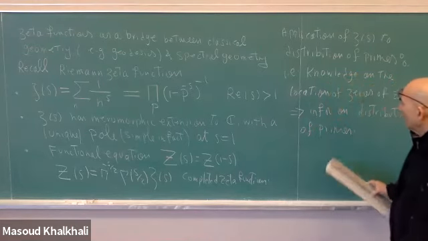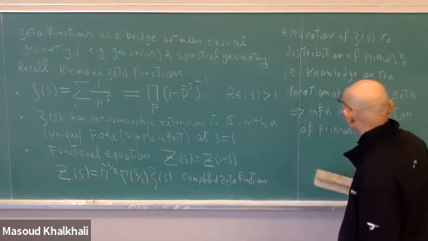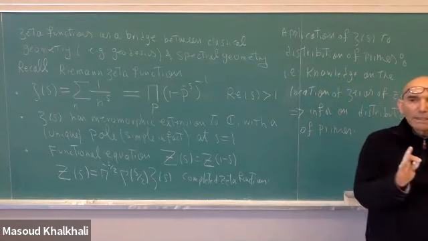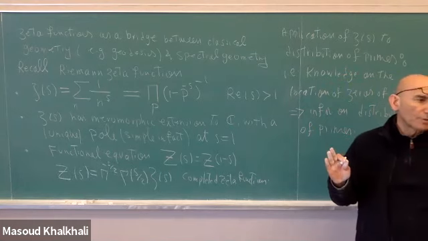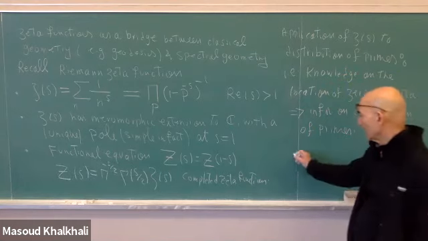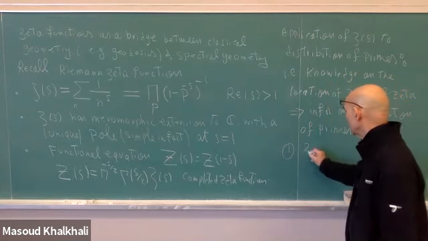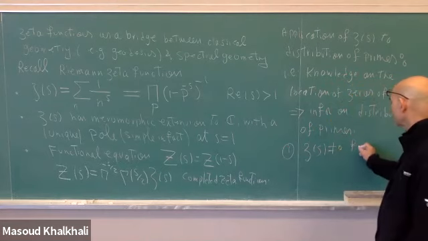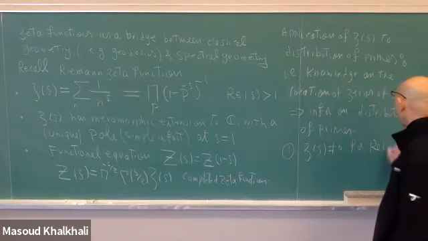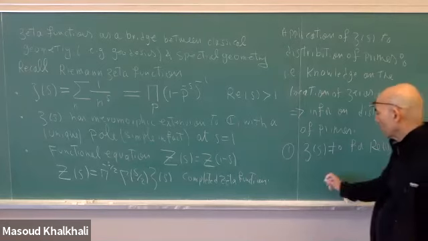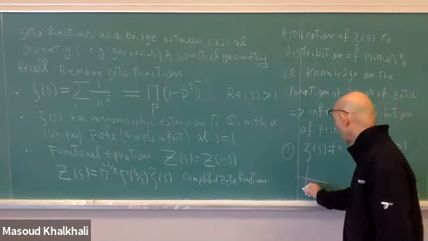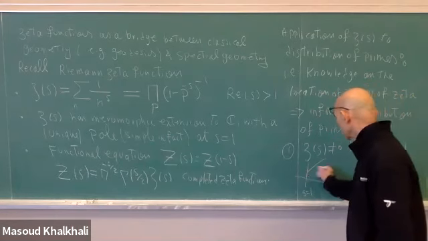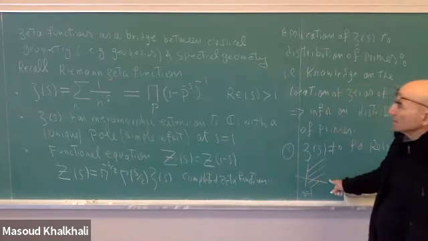Okay, so what do I mean by this? I mean the following. So first of all, you know that zeta is not 0 for real part of s bigger than 1. So the first thing to notice is that zeta of s is different from 0 for real part of s bigger than 1. So in the full right half plane, this is non-zero.